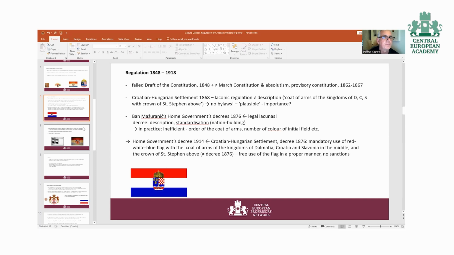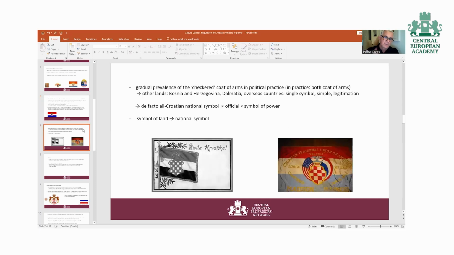official symbol. The turn into the 20th century also saw a more developed national movement, which used as its symbols more simple and, so to say, legitimized symbols: a single symbol, the characteristic Croatian checkerboard coat of arms, that gradually became the national symbol.